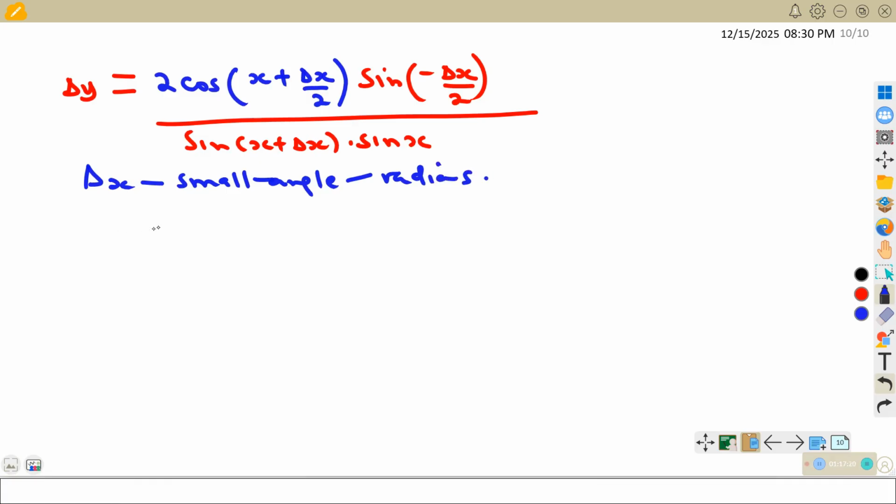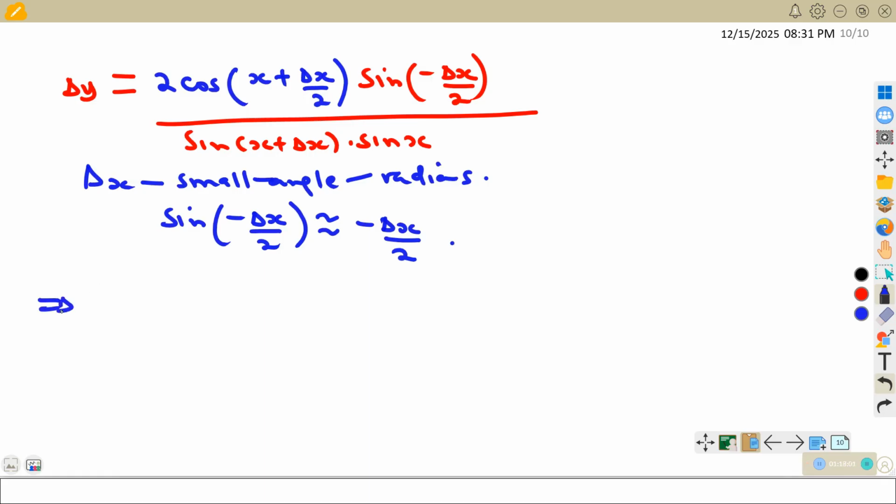For those that have been with us from the start, you should be able to give us the answer there. Negative delta x over 2. Okay, thank you.